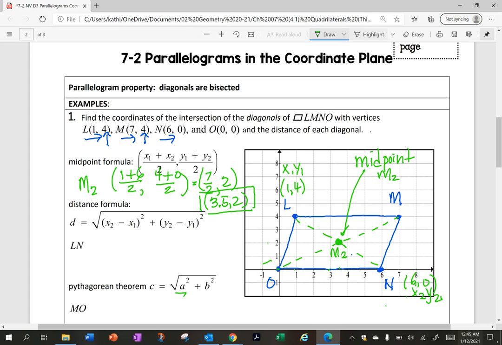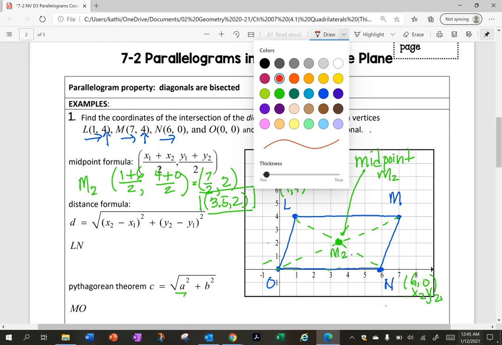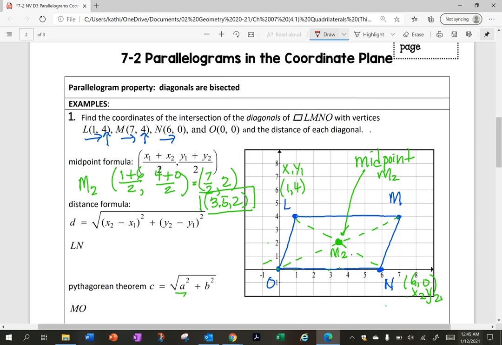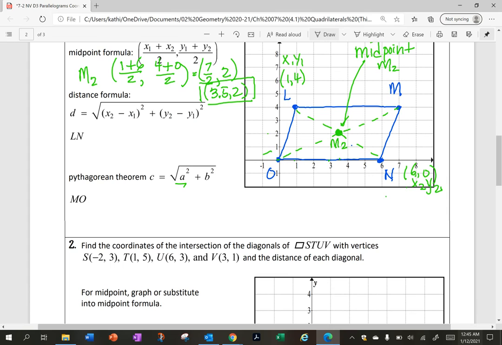Next I'm being asked to find the length of each diagonal. I'm going to use the distance formula on one, and I'm going to use the Pythagorean theorem for the other diagonal. First let's use the distance formula. I already have my points labeled as x1, y1 and x2, y2.